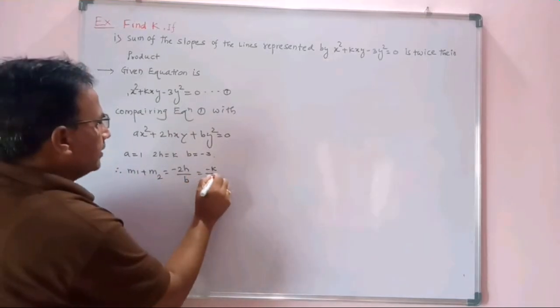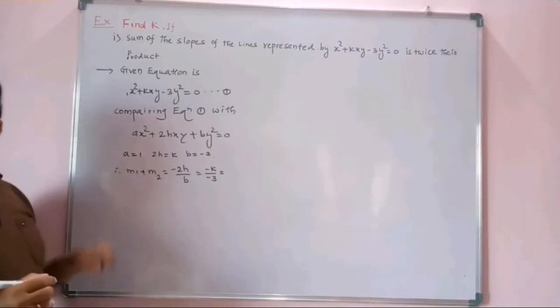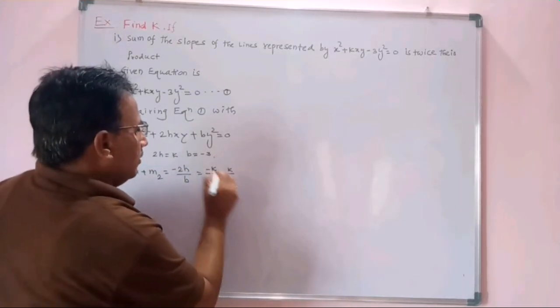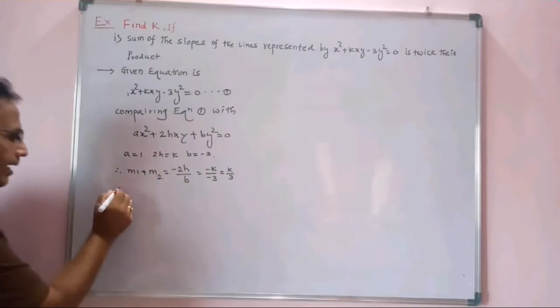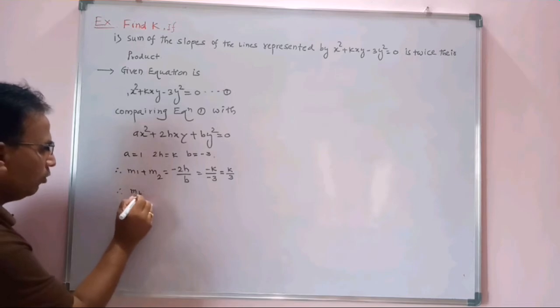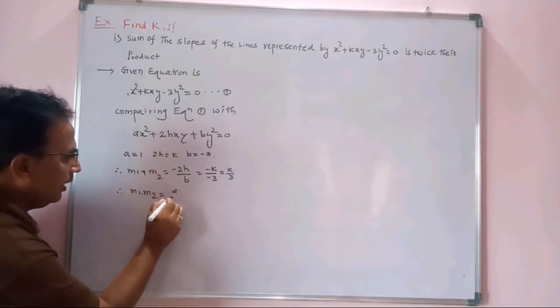The value of b is minus 3, so minus k divided by minus 3. The minus signs cancel. Therefore m1 plus m2 is k by 3. And the next condition is the product of two slopes: m1 into m2 equals a divided by b.